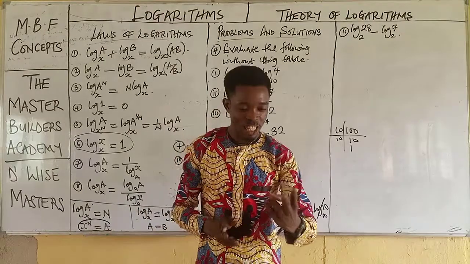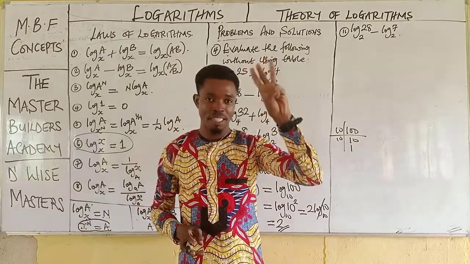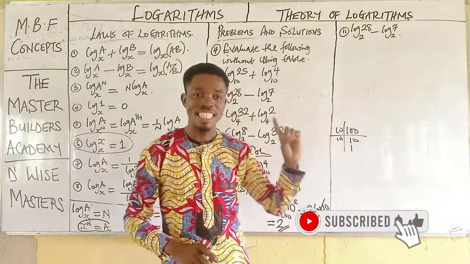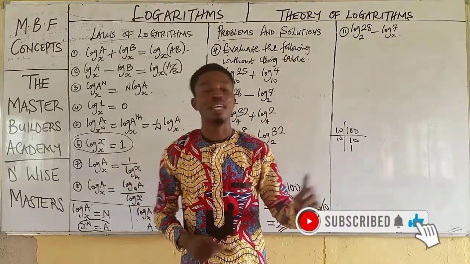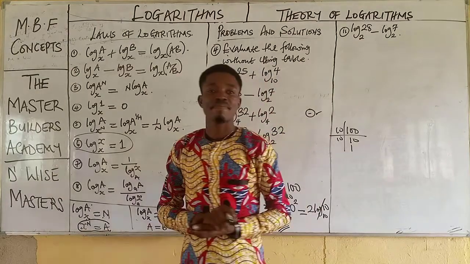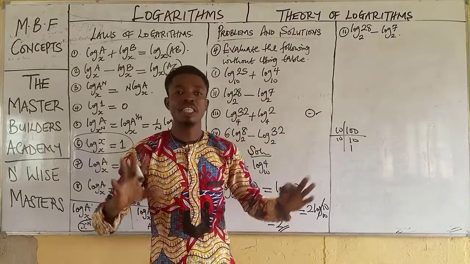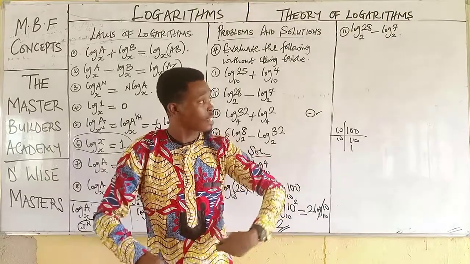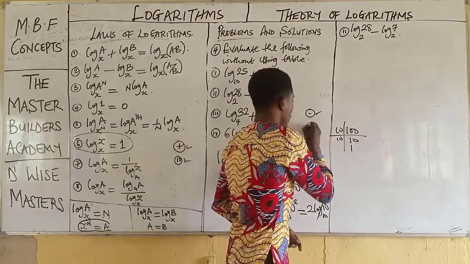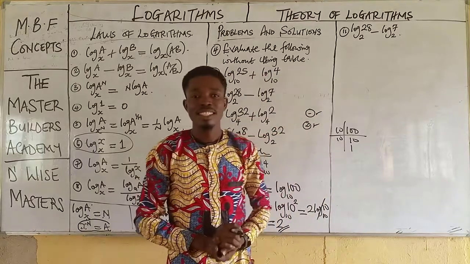The next thing is to check for these three factors that must be met. One is to check what sign is connecting the logarithms that you have. What is connecting them now is minus. We already have one. Then the next is to check if the two logs have the same base. Of course, this is base 2. This other one is base 2. We have gotten two marks.